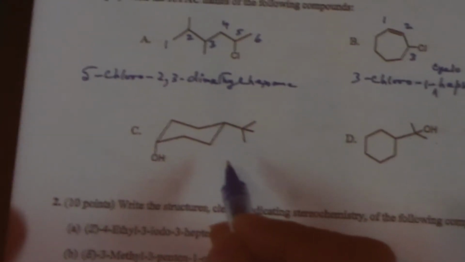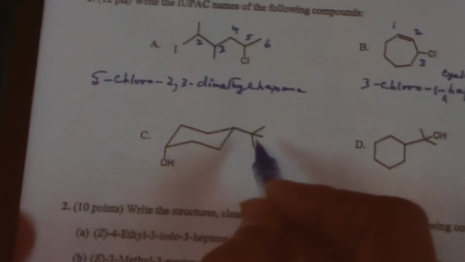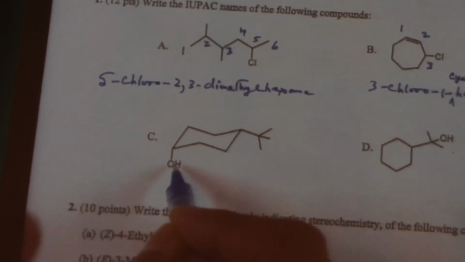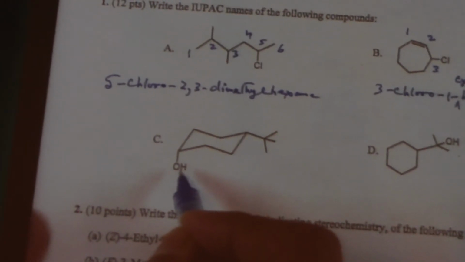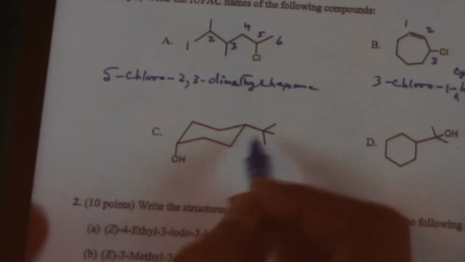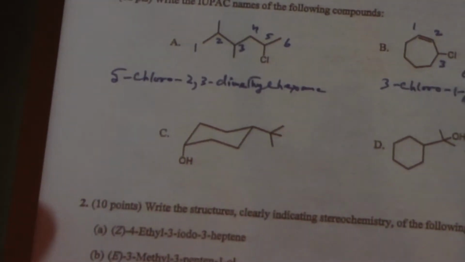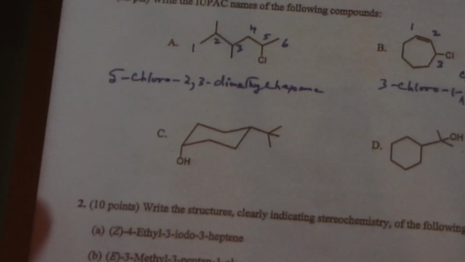This is now the cyclohexane ring system. This is a tertiary butyl group. You can also call it 1,1-dimethylethyl. And this is the alcohol, therefore that gets high ranking. And if we call it cyclohexanol, we also need to indicate the relationship between them. A 1,4 relationship, 1 axial, 1 equatorial, is that cis or trans?